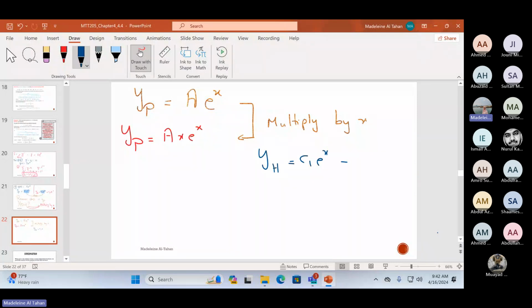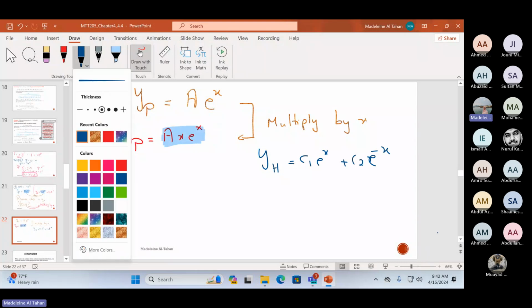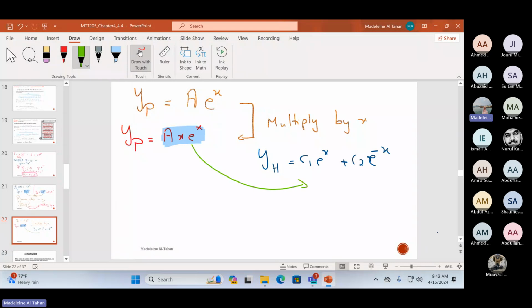C1 e^x plus C2 e^(-x). Here we have x e^x. Do we have in YH x e^x? No. So what can you say about this one? Independent. Is it accepted? Yes. Okay, perfect.